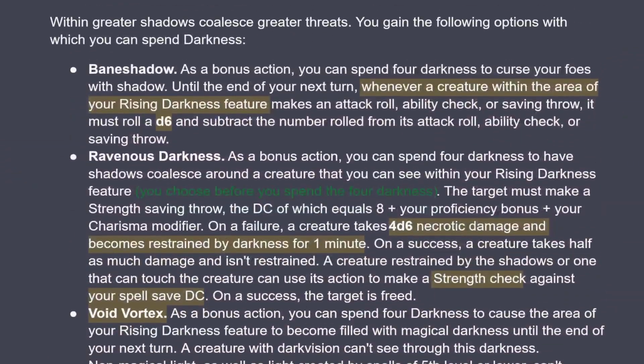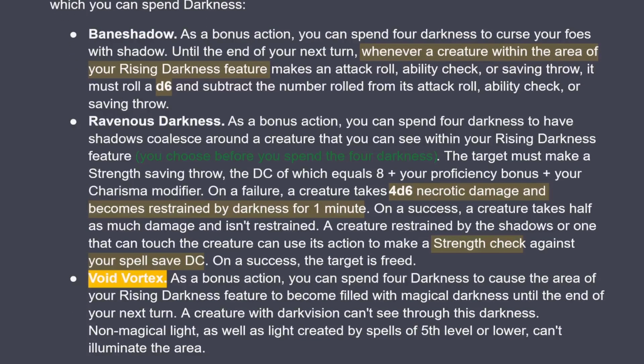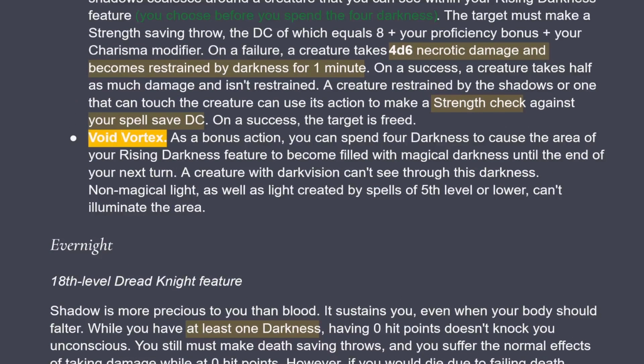Void Vortex should have been the 4th level 7 weapon of fear, and it should have cost 2 darkness points to cast darkness. And if you want to cut it in half to make it make more sense, as a level 7 ability only costing 2 darkness, cut the effect in half by changing it from until the end of your next turn to until the start of your next turn.